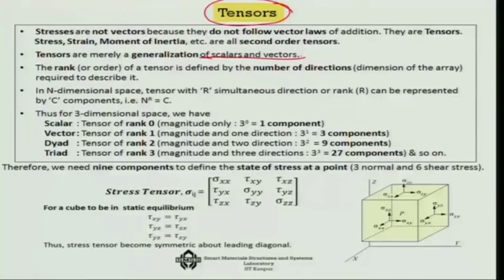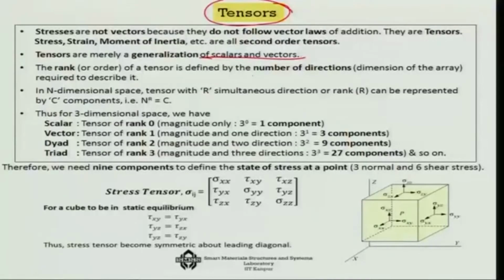Now, how do we define the tensor for stresses and strains? Before we say that, we can also show how scalars and vectors could be special cases of tensors of certain ranks. The rank of a tensor is defined by the number of directions or dimensions of the array that is required to describe it.